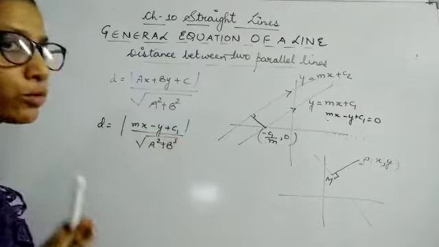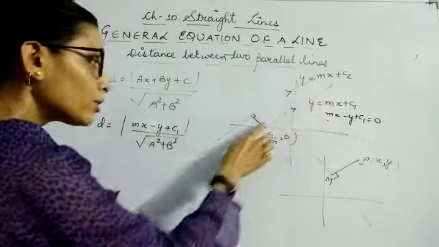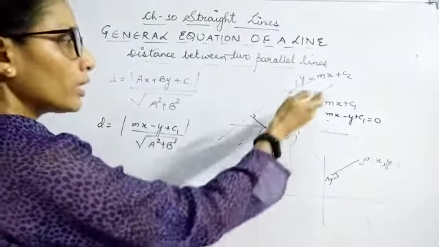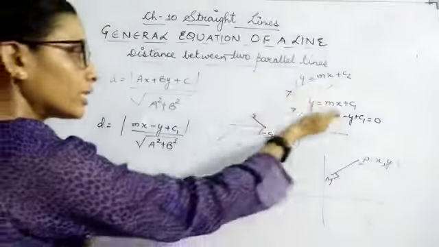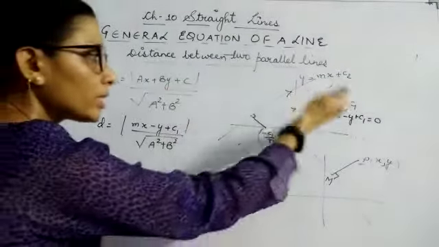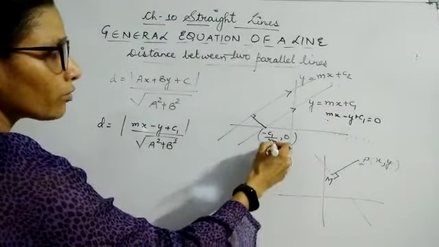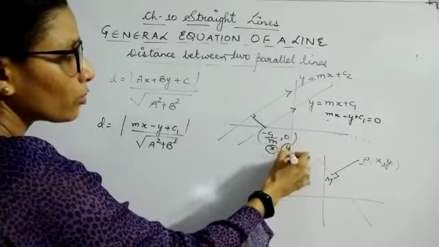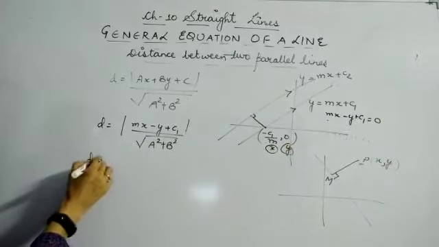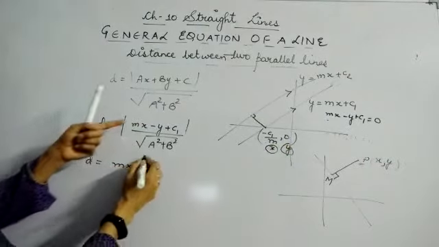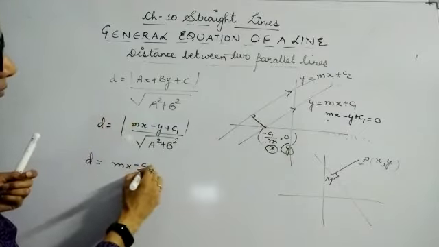Now since this line is passing through this point minus c1 by m comma 0, this point will satisfy the equation of the line. So I will be writing this value in place of x and this value in place of y. So my d will be given as m into x, which is minus c1 by m.